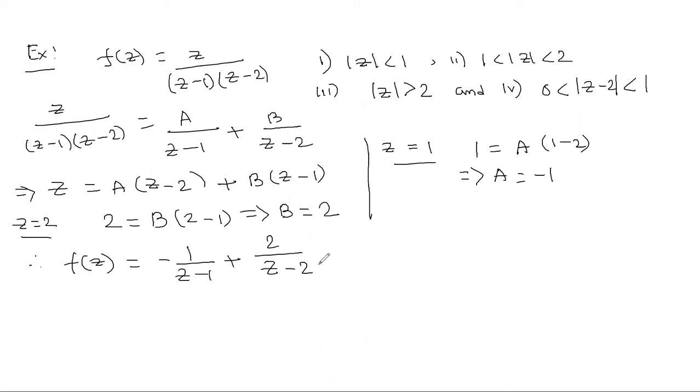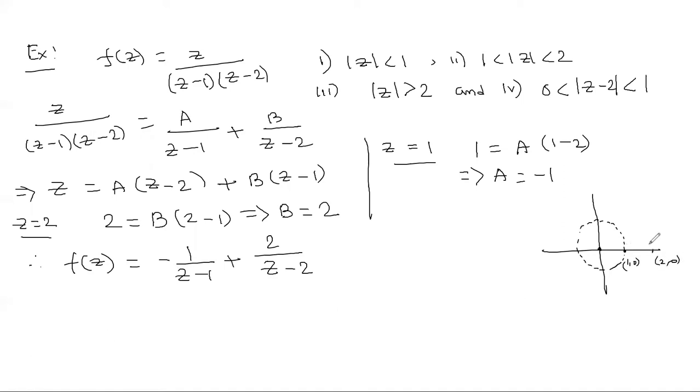Okay. Now we have to expand this in the region mod z strictly less than 1. So what is this? This is the circle with center 0 and radius 1, right? So we are going to expand with respect to the point 0, and this is strictly less than 1. The function f(z) has its singularities at the point 1, 0 and at the point 2, 0.